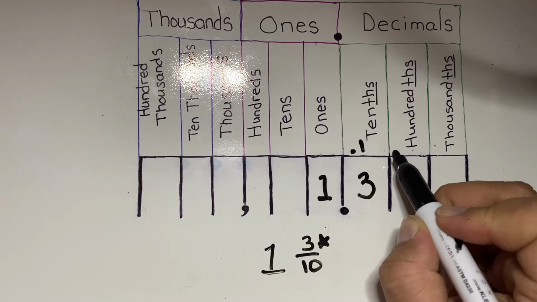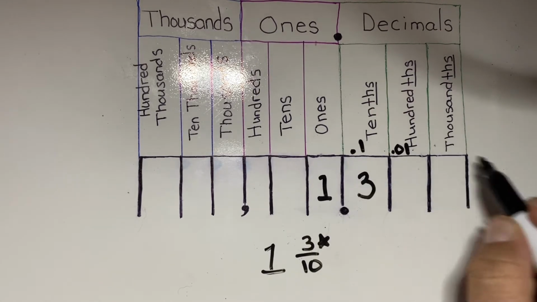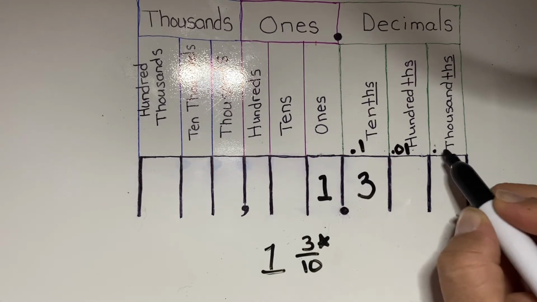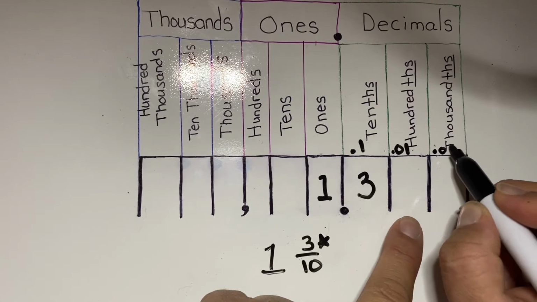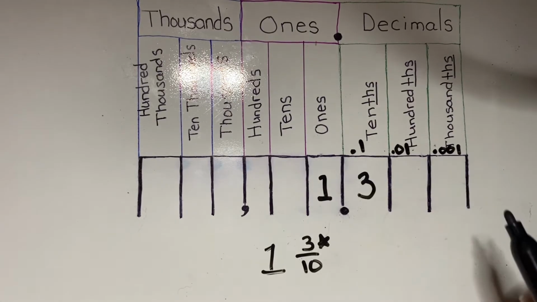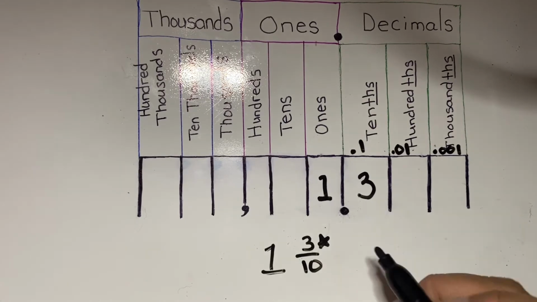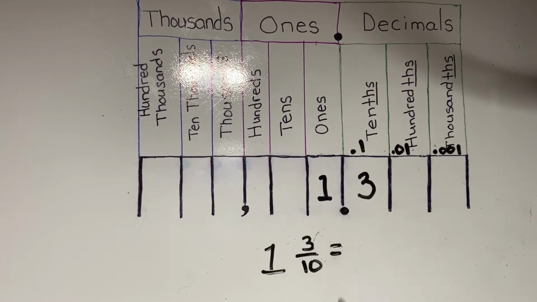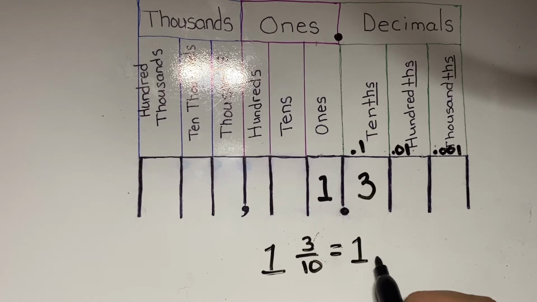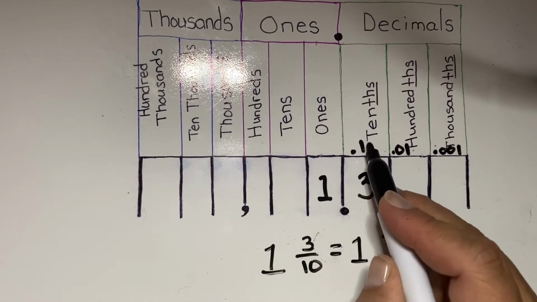Hundredths look like this, decimal 0, 1. Thousandths would look like this, decimal right here, 0, 0, 1. So I have 3 tenths. So as a decimal, 1 and 3 tenths would look like 1.3.